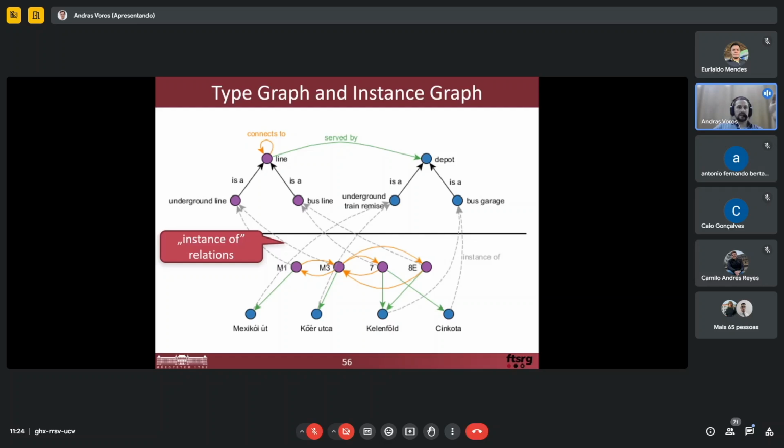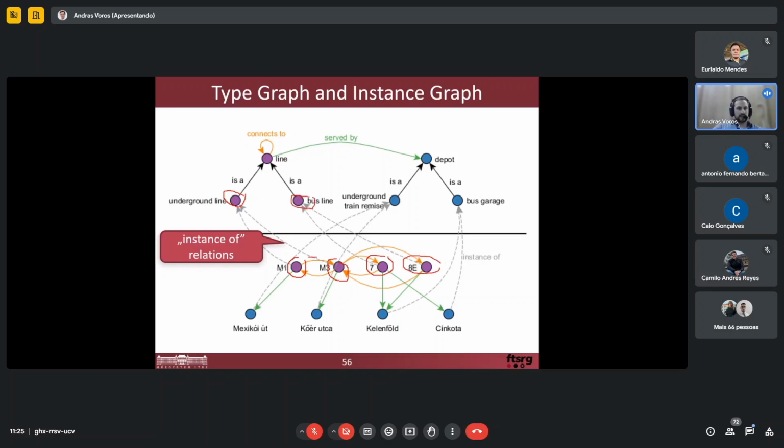And the lines have a type. So for example, it can be an underground line. M3 is also an underground line. But number 7 and 8E are bus lines.